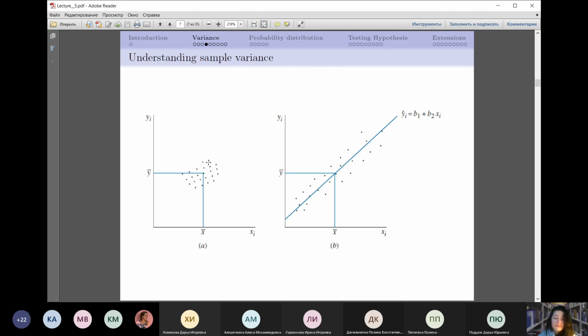Let's say you have a task to draw a fitting line by hand. Which scatter plot do you prefer, A or B?